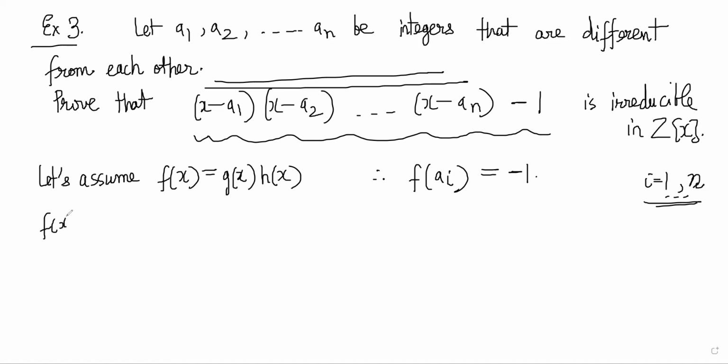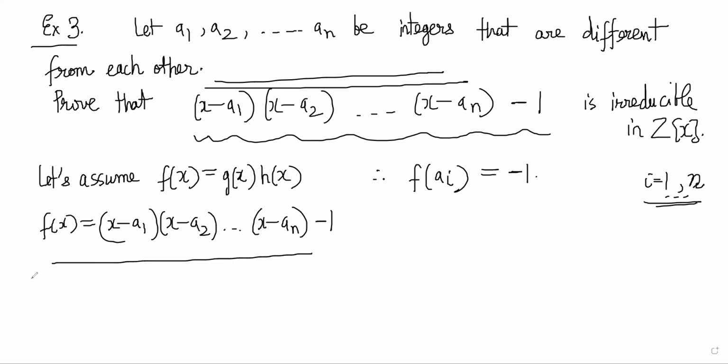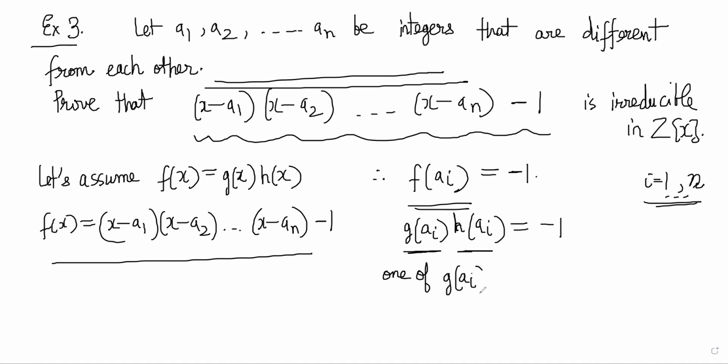Here, what is our f(x)? We are calling f(x) this thing: (x minus a1)(x minus a2) till (x minus an) minus 1. That is my f(x). And we know that f(a_i) is -1. So that means that g(a_i) times h(a_i) is equal to -1, which means that one of them, g(a_i), is equal to 1 and the other is -1.